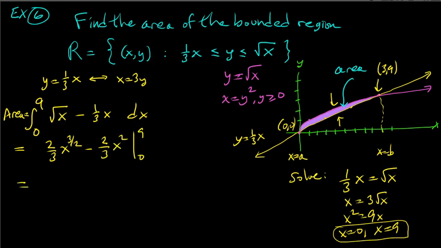Square root of 9 is 3. 27 over 3 is 9. So I think we just get 18 minus 81 over 3 is 27.